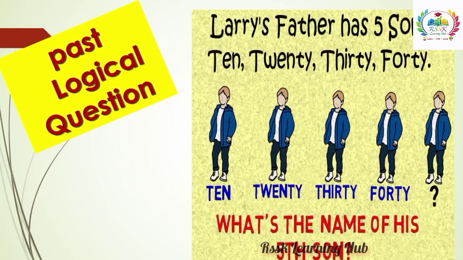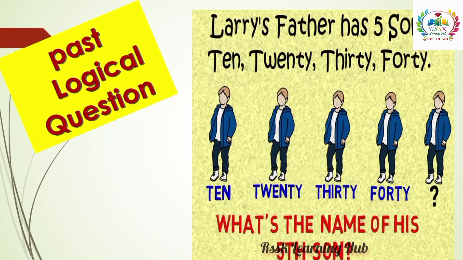Okay, now coming to the past logical question that I asked you in the last video: Larry's father has 5 sons. Their names are 20, 30, 40 and 50. What is the name of the 5th son, I asked, right? So hope you all understood the question well. Can you find the answer for this? Yes, some of you found it now.